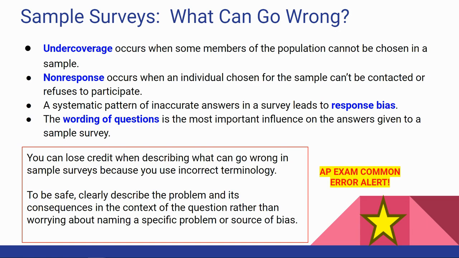To illustrate how undercoverage could lead to bias, imagine what would happen if you did a survey about increasing funding for Medicare by calling randomly selected landlines. Because many younger people only use cell phones, this method will likely overrepresent older people. Our estimate of the proportion of people who favor more funding will likely be too high.